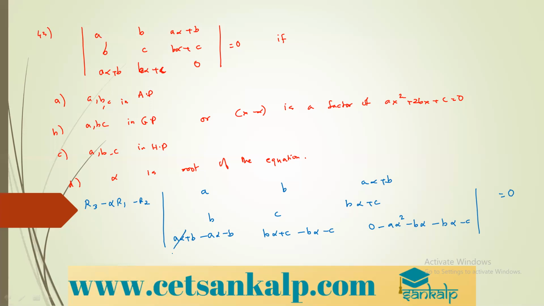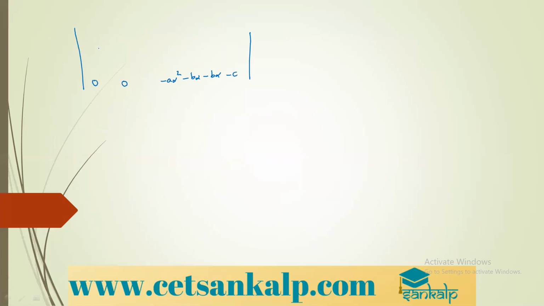As you can see, these terms cancel. The remaining rows are the same: a, b, a alpha plus b; b, c, b alpha plus c equal to 0.